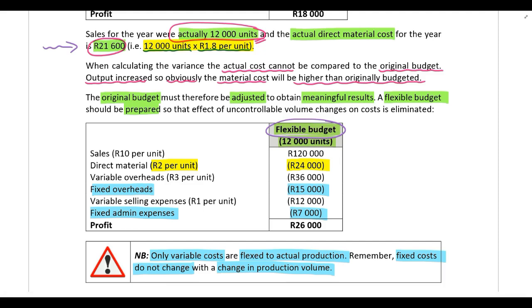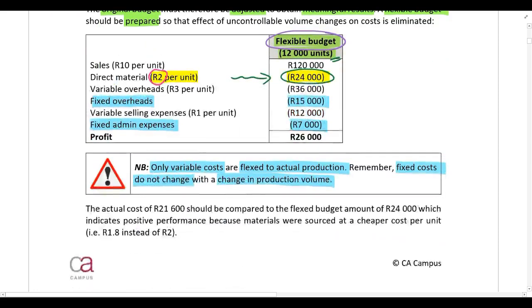So now we are being consistent. Both of these amounts over here are based on 12,000 units. And now you can see we actually have a favorable variance because the actual cost is less than the cost in the flexible budget. And that is because they actually paid R1.80 per unit instead of R2 per unit. So we have a favorable variance.